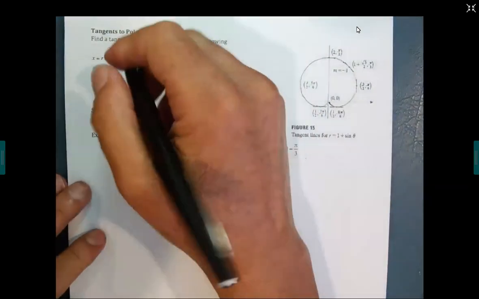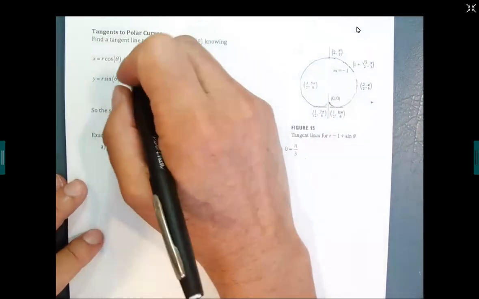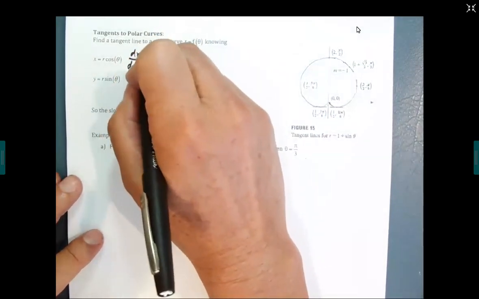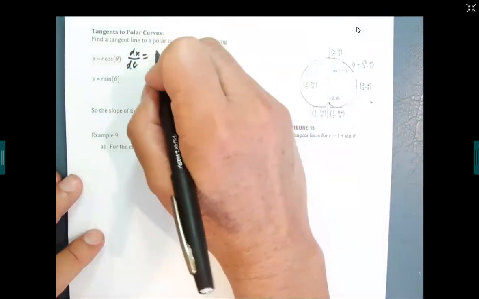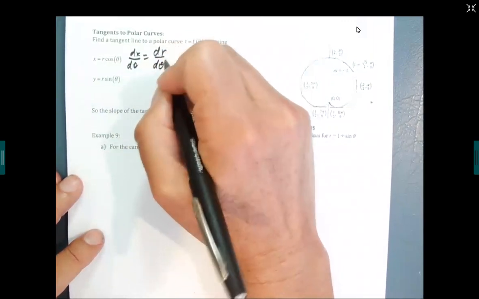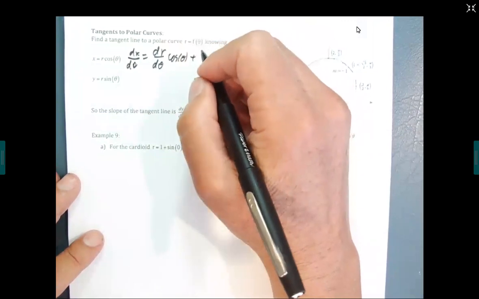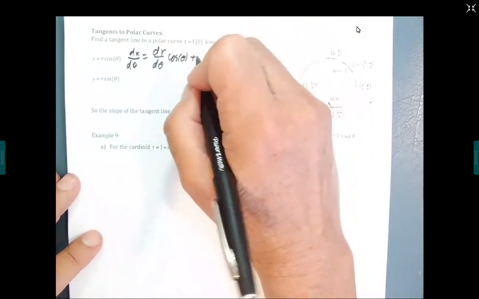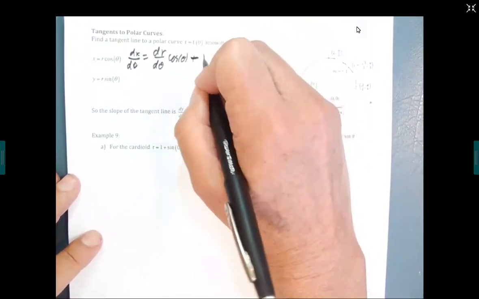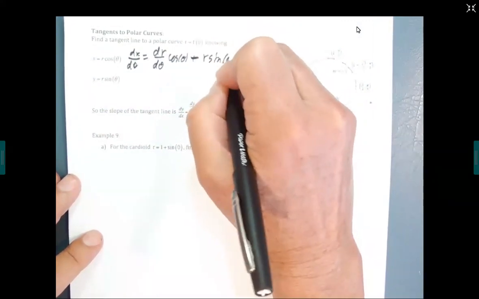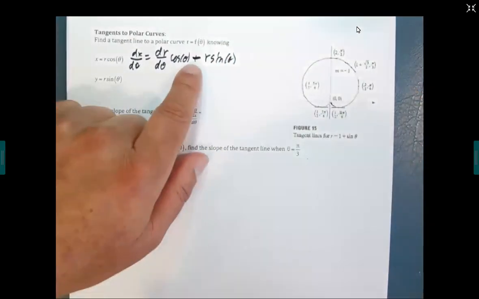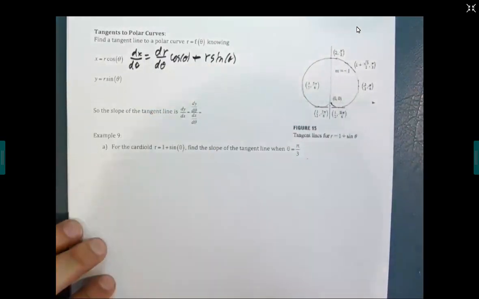So the derivative of x with respect to theta is going to be dr d theta cosine theta minus r sine theta. And the reason it's minus is because the derivative of cosine is negative sine. So that's minus r sine theta.